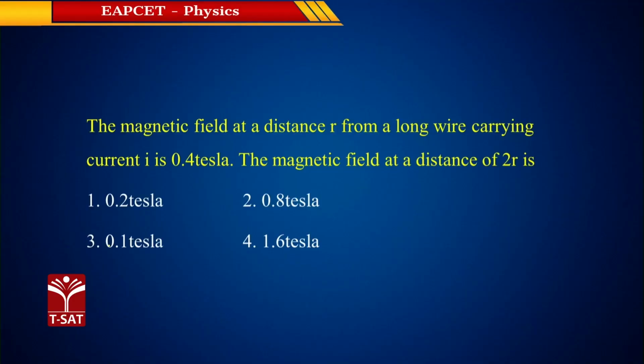And here the magnetic field, next question, see the magnetic field at a distance R from a long wire carrying current 0.4 Tesla. The magnetic field at a distance of 2R is what?